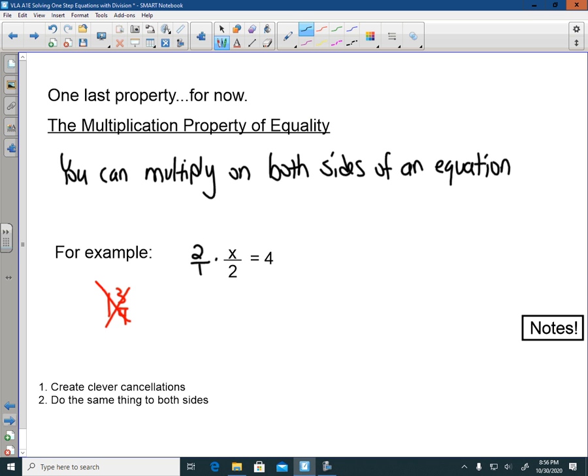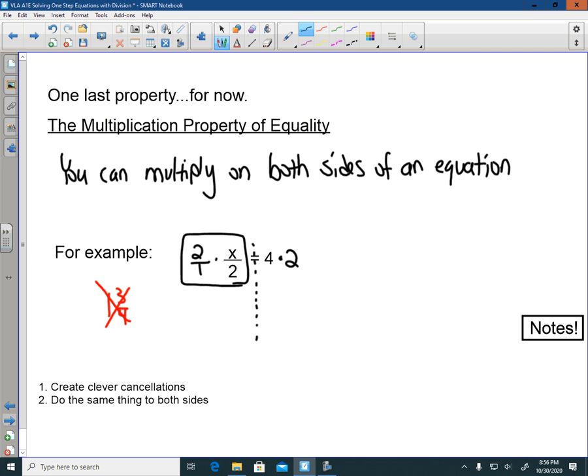Well, that's kind of what we're doing here. We're multiplying both sides by 2, and we can write this left side as 2 over 1 times x over 2. And we can just still do the same thing and put times 2 on that side to keep our two sides straight. Now notice what we have here.